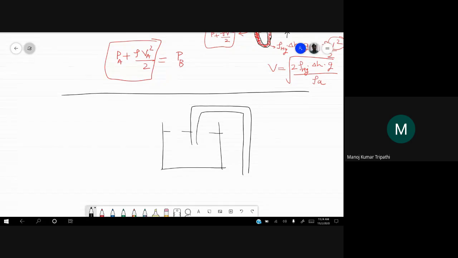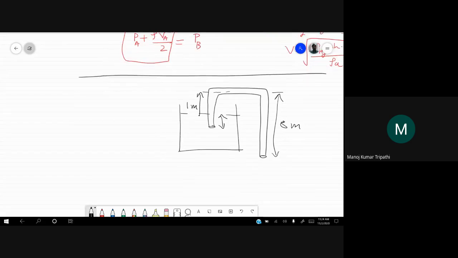There is a container. The height of the centroid of this tube is 1 meter, and this is 8 meter. This tube is open from here and from here. This height is not given. Only this much information is given. Also the density and everything is given, so assume it to be water.